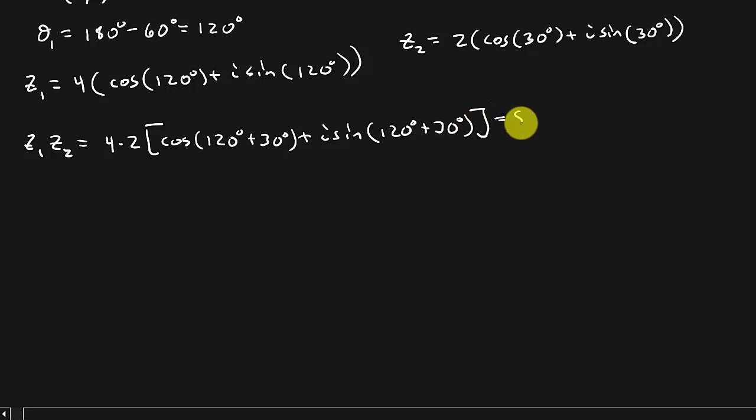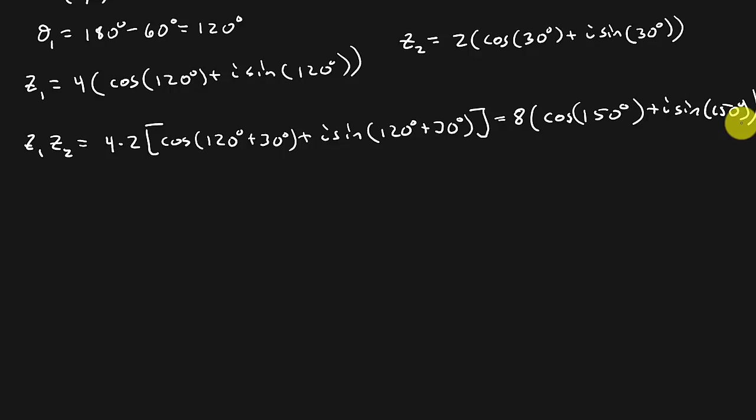So this is going to be 8 times cosine of 150 plus I sine of 150. All right. So what do they want us to do? They want us to convert this. They want us to write this in the a plus bi form. Okay, this would be your answer in trigonometric form, but they want the answer in a plus bi form.